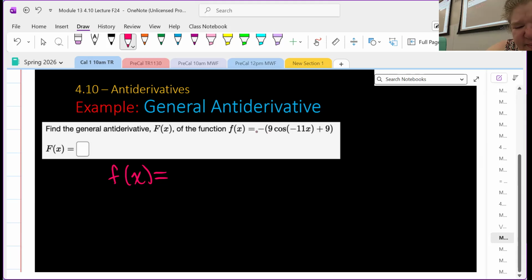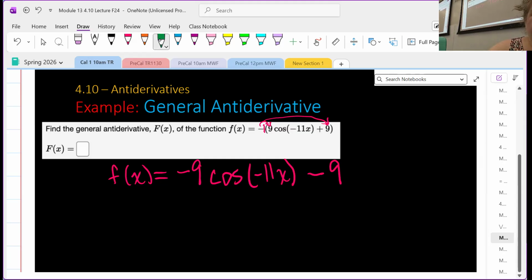And that is just extra brain power that my brain doesn't want to deal with. So I'm going to treat that like a -1 and distribute across the addition. So I'm going to write that as -9 cosine of -11x, and then it'll be -9. So I haven't done any calculus. I was just doing some algebra cleanup.